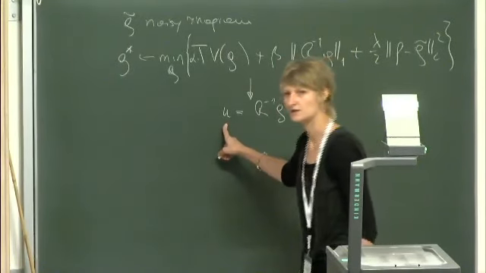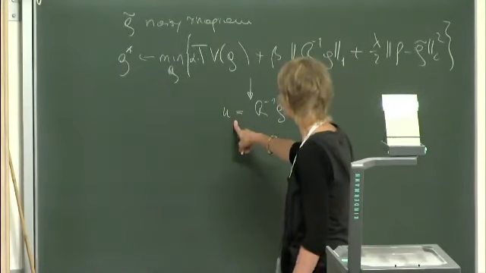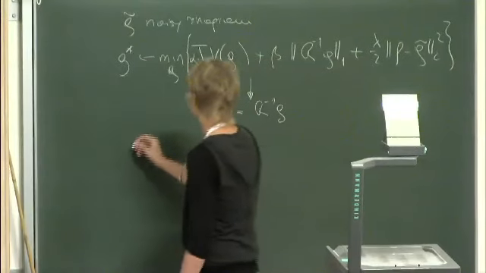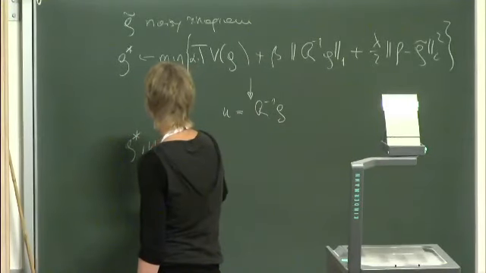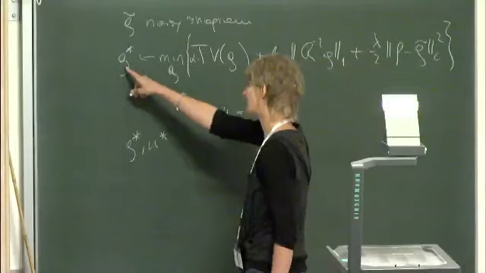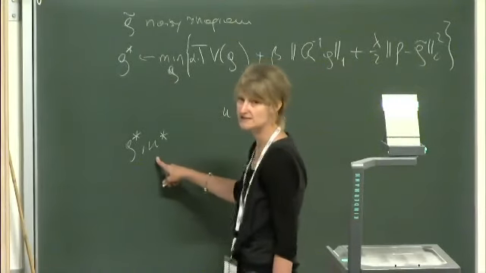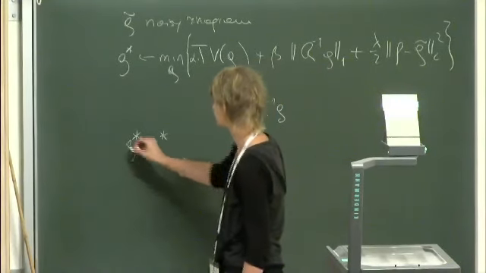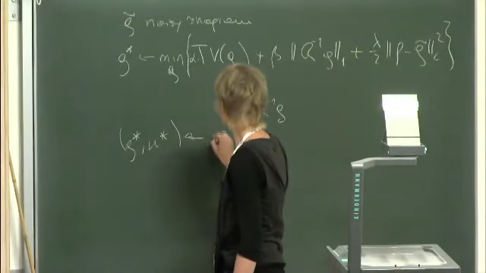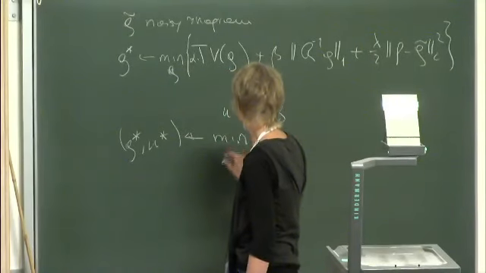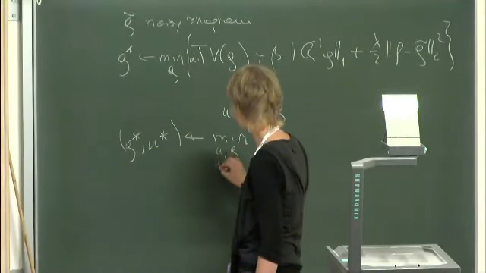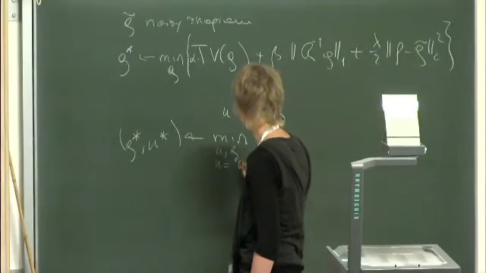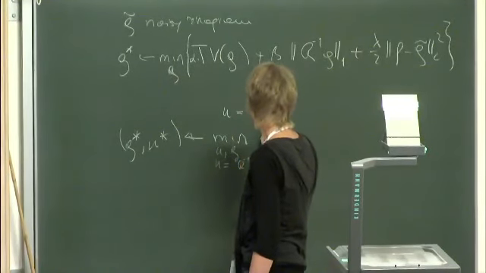Then instead of solving a minimization problem for the sinogram only, we now solve a joint minimization problem for the sinogram and for the image, where we minimize over U and G with the constraint that U is equal to the inverse Radon transform of G.